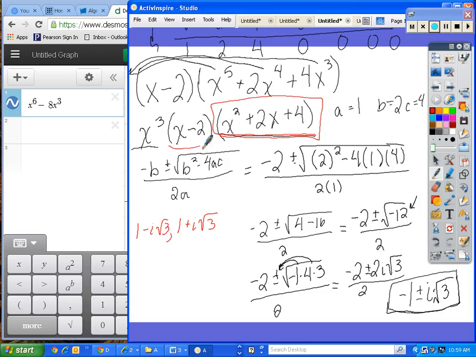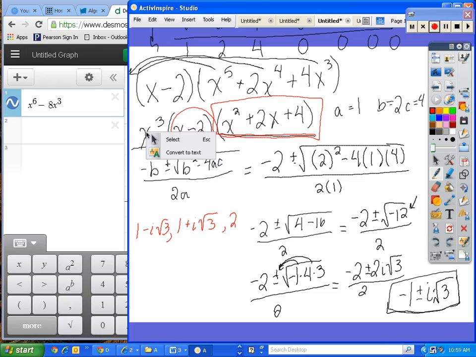This factor here, I set it equal to 0 and I get 2. And here this x cubed, when I set it equal to 0, I get 0. So how many zeros would there be there?